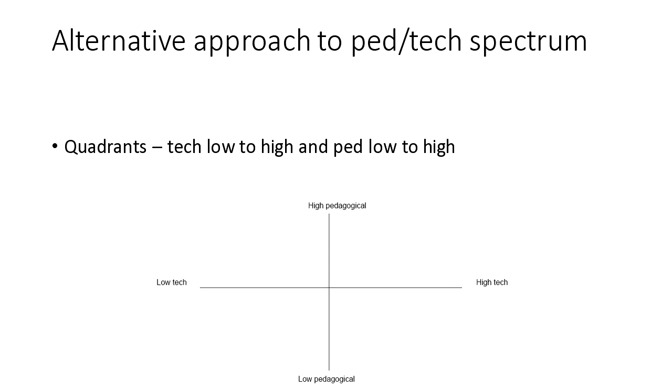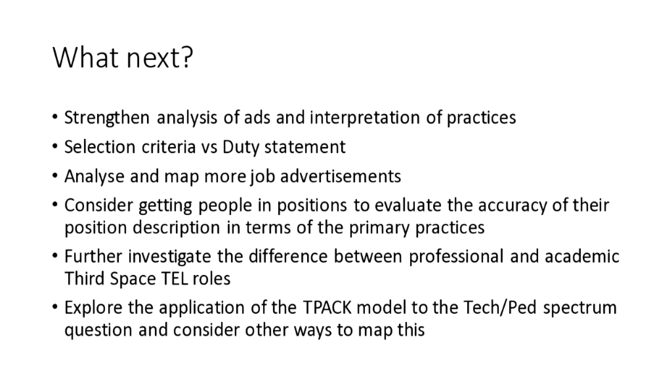I did think that there might be a different way to explore it, which is trying to measure them from low technological to high, and then low pedagogical to high. And so I suspect that we'll probably still find that they're in two of the four quadrants. So yeah, where do we go here?